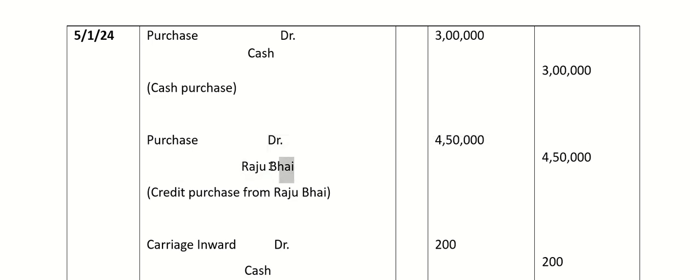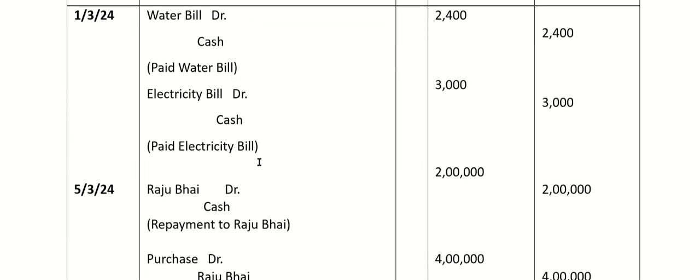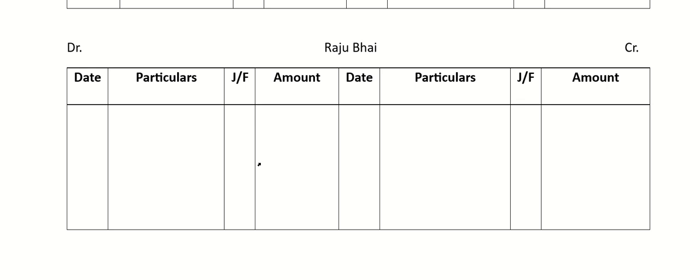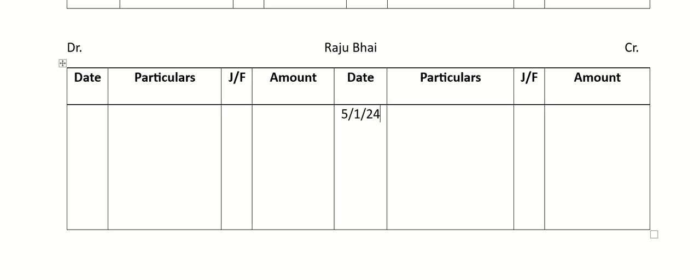After that, we have to move to the Raju account. Where we have to write in the Raju account, I will show you. Here we have the Raju account. Since the journal entry was purchase account referred to Raju, it will come on the credit side of Raju. That means Raju is credited in the journal entry. It was credited with what?